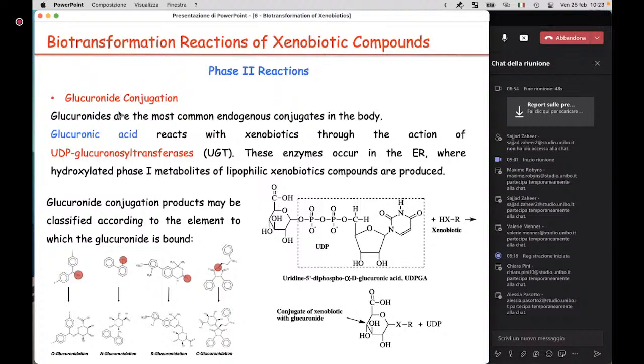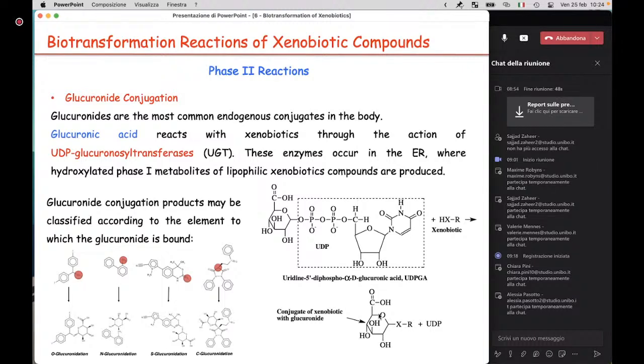Probably the single most important phase 2 reaction is conjugation with glucuronide. Glucuronides are this kind of compound here in the lower right part of the molecule.